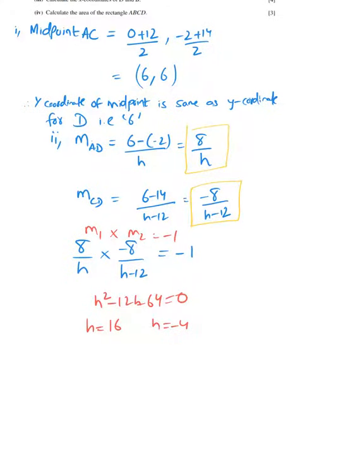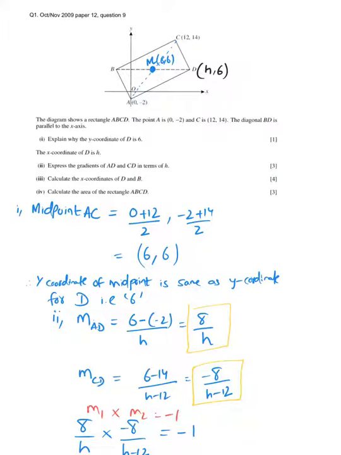This brings us to the last part of this question. In the last part, you are expected to calculate the area of the rectangle ABCD. Since it's a rectangle, you can find the area by just multiplying the length by width.